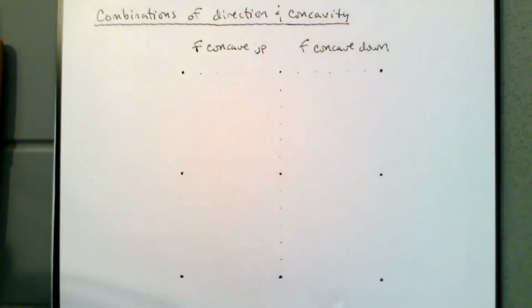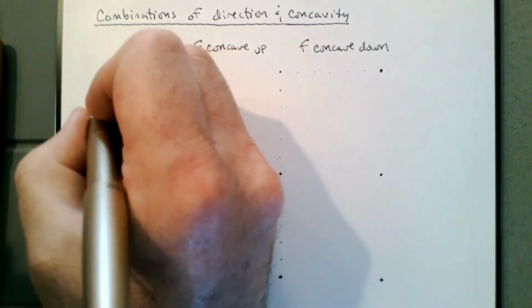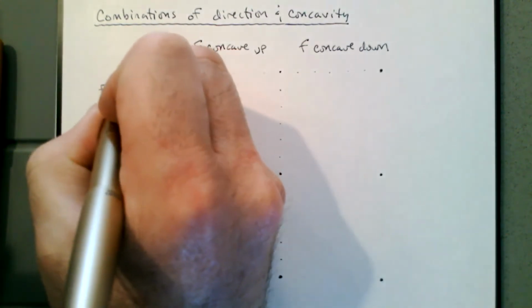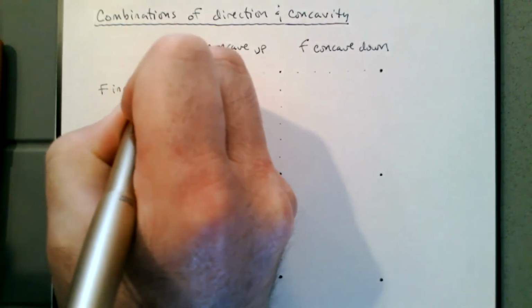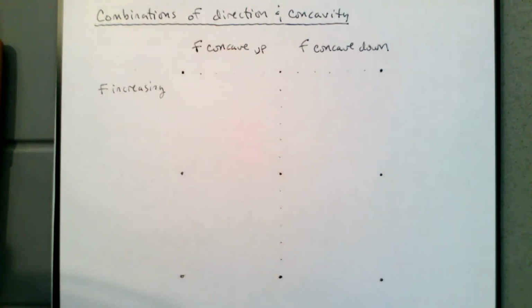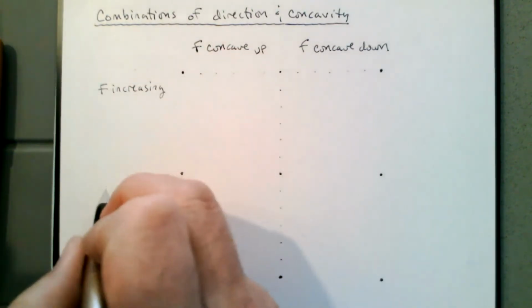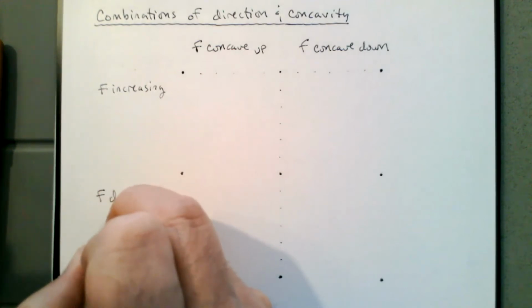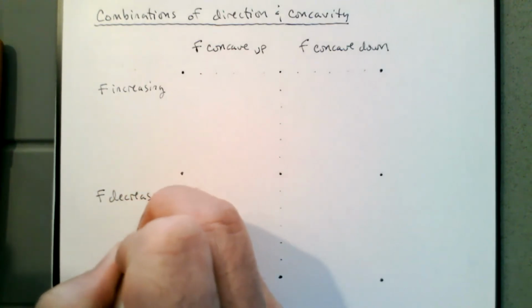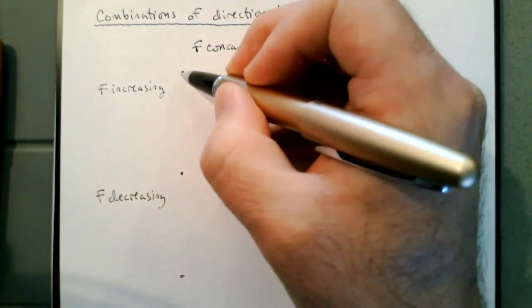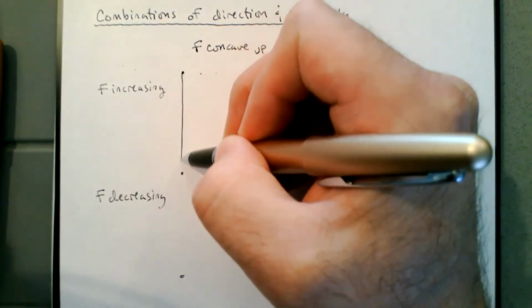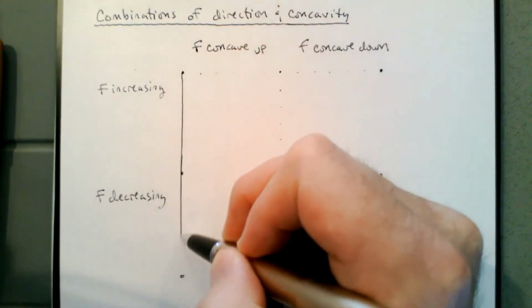And then in the first row, let's show f increasing. And in the second row, let's show f decreasing. And so here are our 4 combinations.